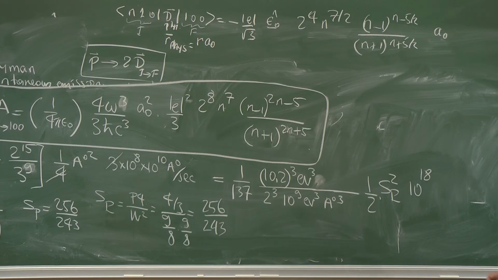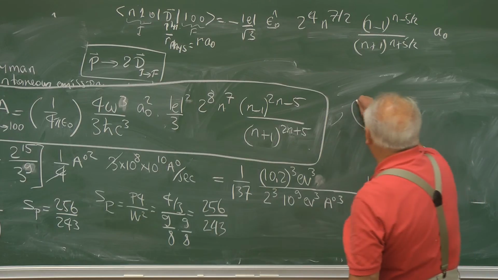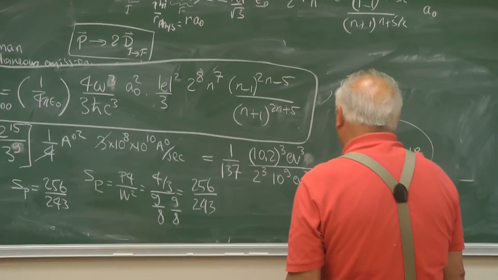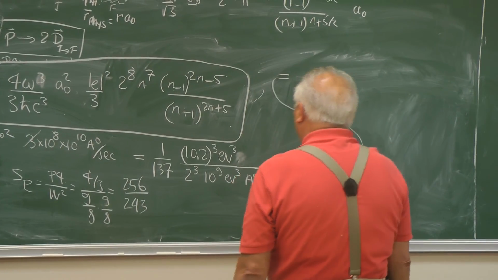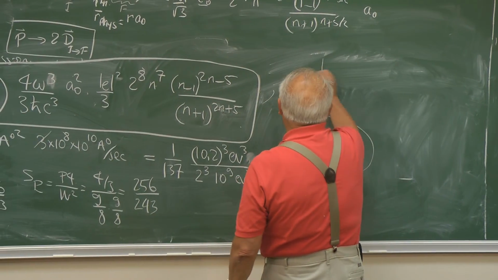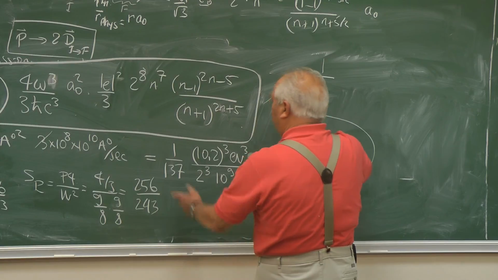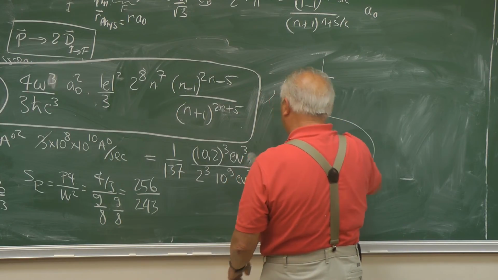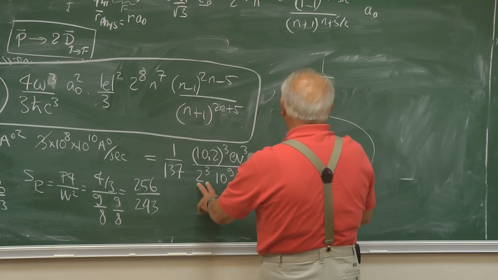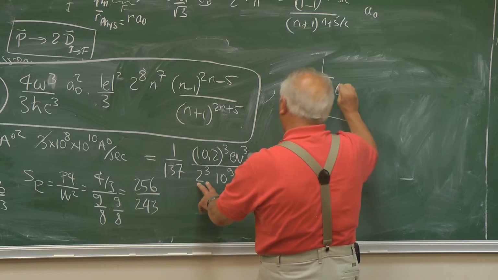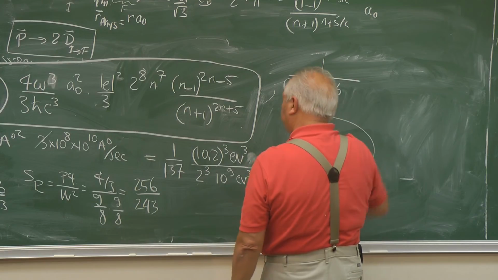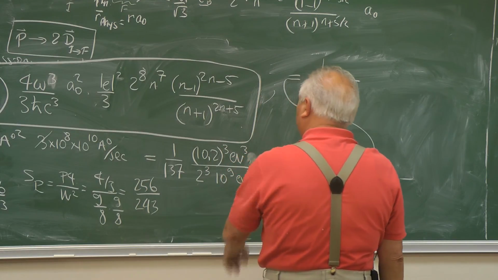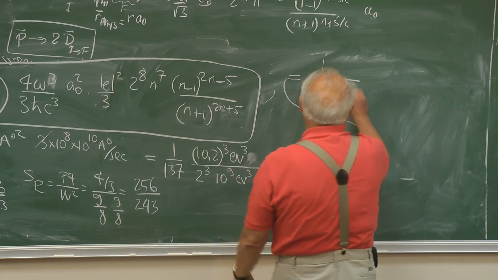So these are the numbers. Let me just put it. So this is 1 over 137, let's say 140. So it is 1.4. And this is 16, 1.6. I took 10 here, 100 here, times 10 to the cubed.